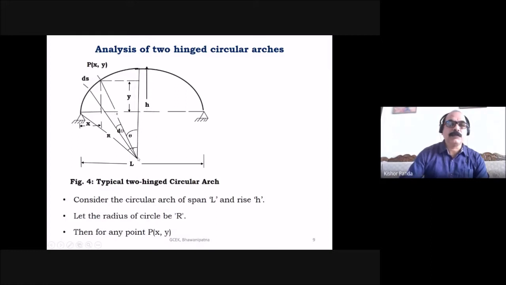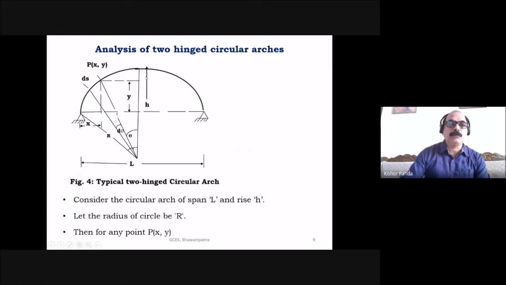If this is the angle theta, then from this to this is R cos theta, and the total is R. So this length is R minus R cos theta. If you know this length, R minus R cos theta, then you can easily find y.